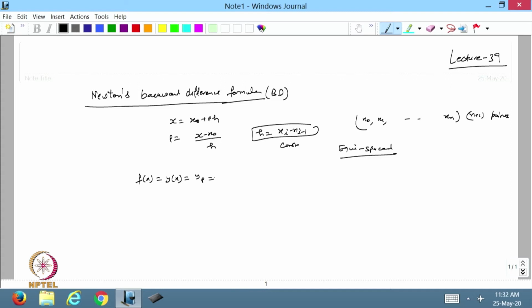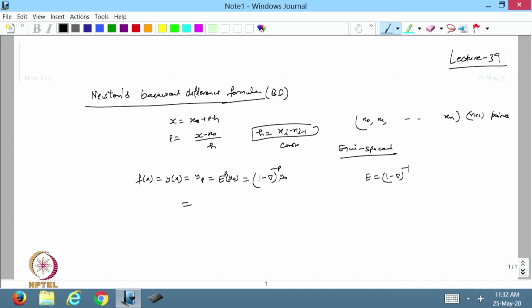So this can be written as E^p y0, and from here I know that this can be written as (1 minus nabla)^(-p) y0. We already know this, because the relation between the shift operator E and the backward operator nabla is E equals (1 minus nabla) inverse.